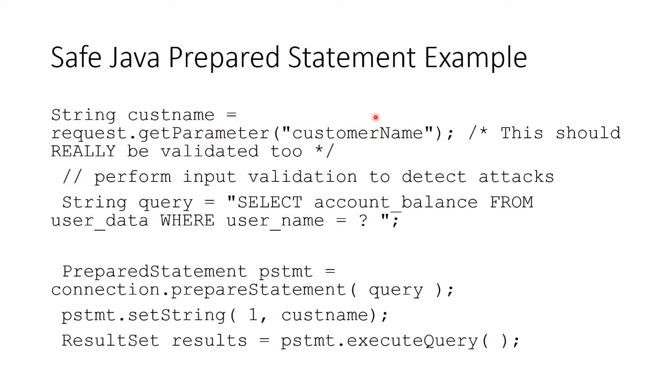Okay, so far that's fine, although we should really validate that as well. But we're not done. Now let's add some input validation to detect any attack. So we have a string called query, and we say select account balance from user data where username equals, and then we have this question mark.